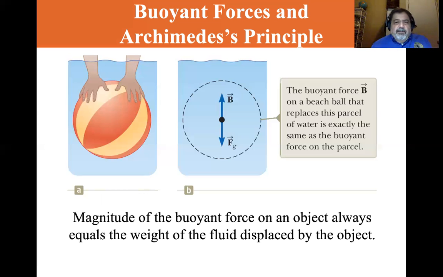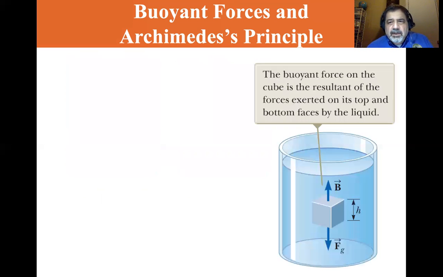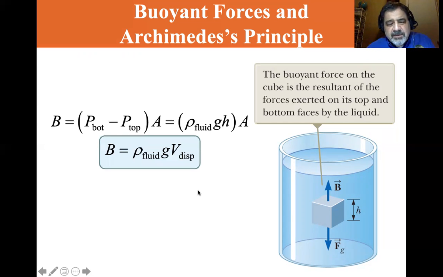So the buoyant force on the cube is the resultant of the forces exerted on its top and bottom faces by the liquid. Here on the top surface, you have the force from the fluid above, and the force of gravity from this item down here at the bottom. So the buoyant force is equal to the pressure at the bottom minus the pressure at the top times the area.